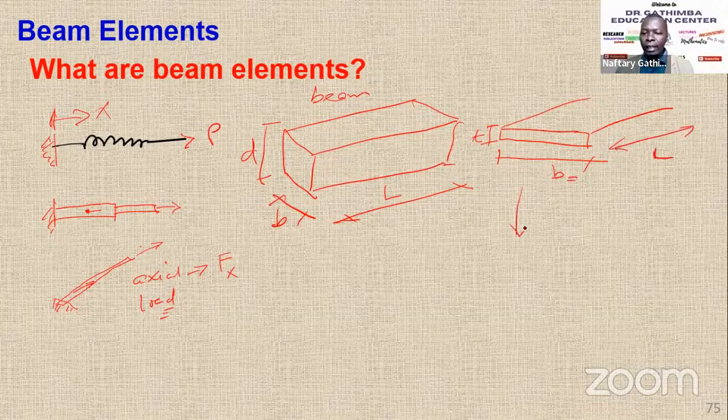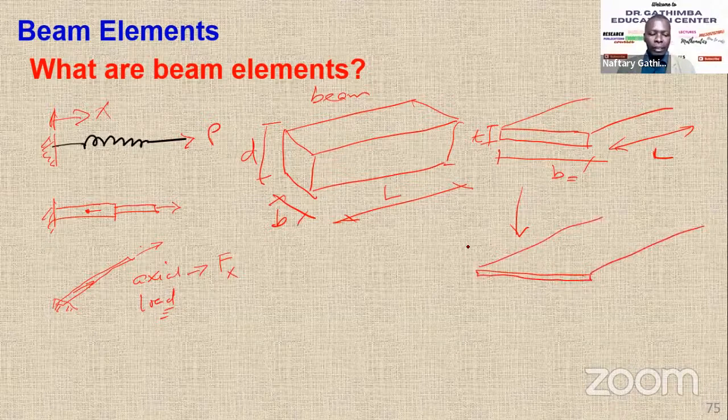Again, if you change the ratios, you can have a plate. A plate is very thin, but the geometry is the same. So for the beam, we define them as long, slender structural members, generally subjected to transverse loading.